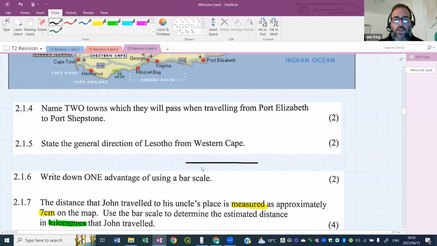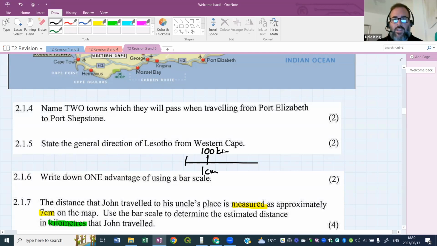When we had our ruler and we measured here, 1 centimeter on our ruler gave us 100 kilometers on the bar scale. That's all I'm giving to you. You guys are going to tell me how many kilometers John traveled according to this question.